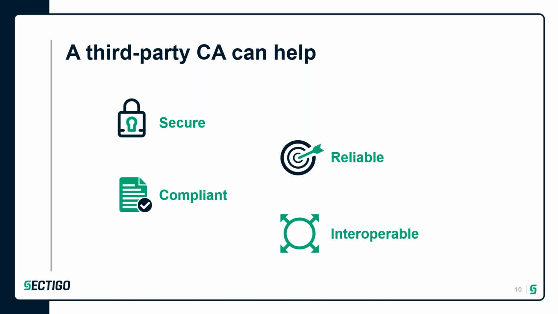And then compliance, I think we also covered, right? The public CA understands what the major compliance requirements are, because they have to service tens of thousands, hundreds of thousands of businesses around the globe. So, for instance, you know how to make sure that you're not violating GDPR, by way of example.